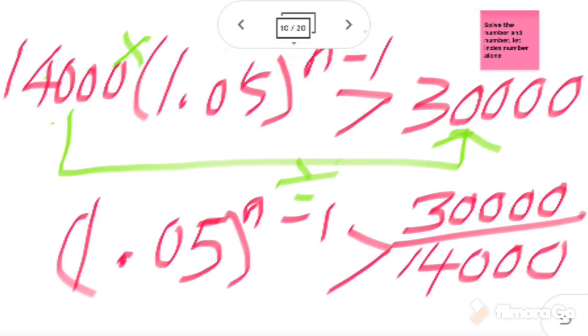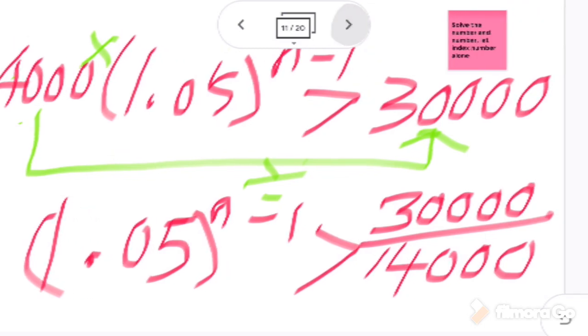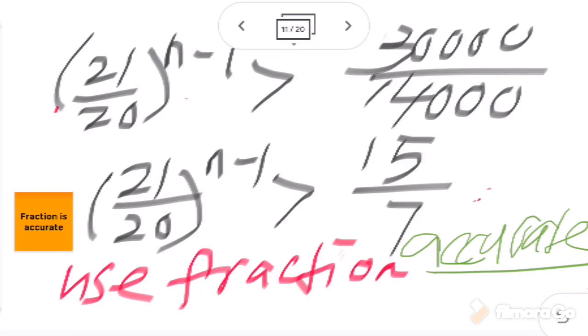So you write log base 10 of 21 over 20 to the power n minus 1 more than log base 10 of 15 over 7. Then use your power law, bring the power to the front, and solve it carefully, because this is an inequality.